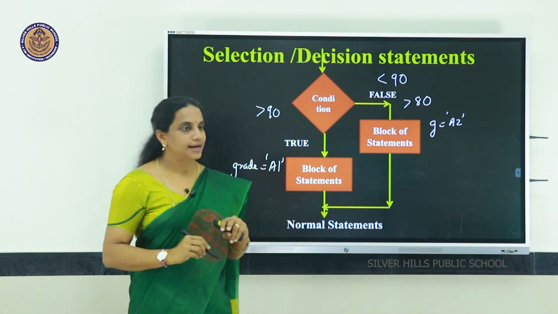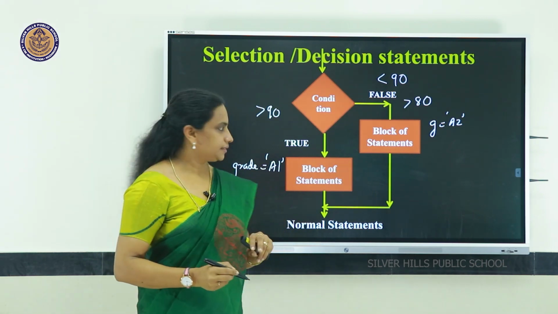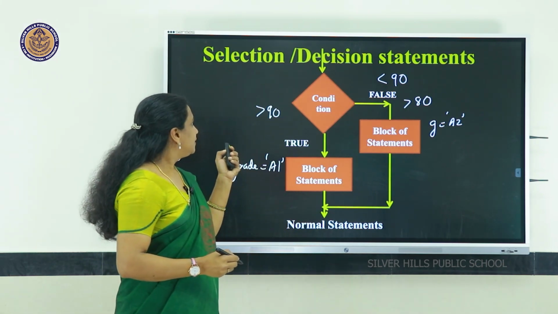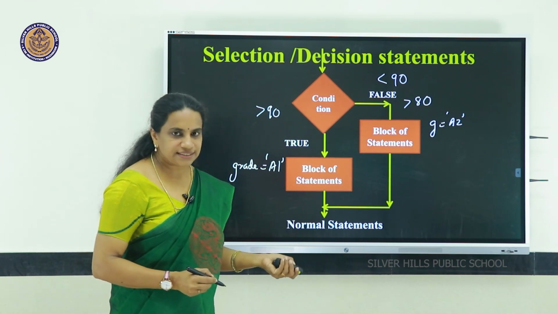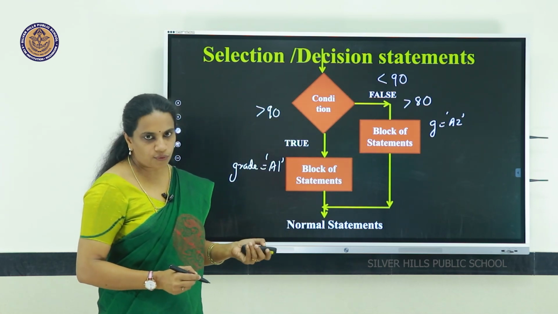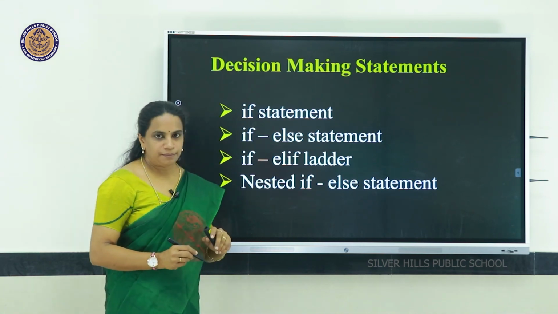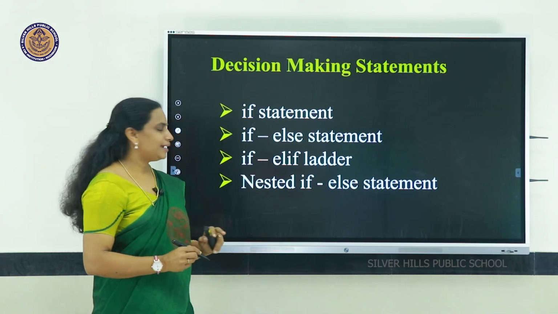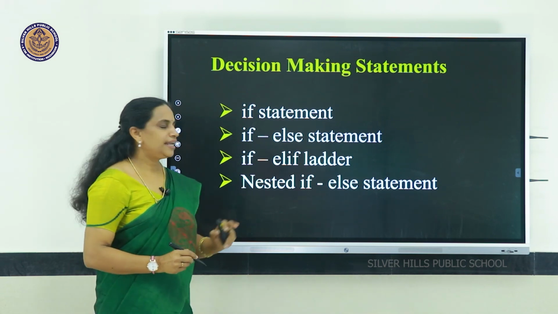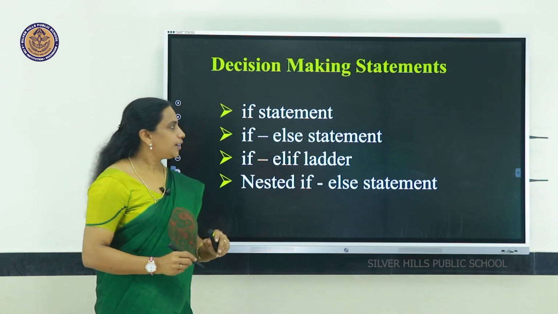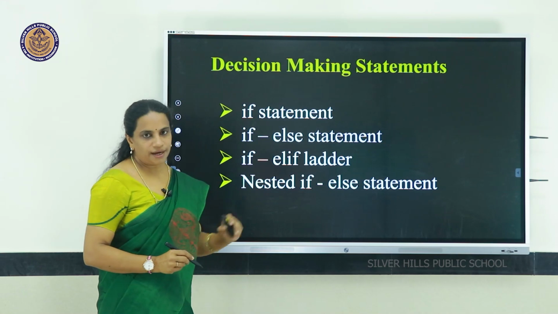This is known as decision statement. Now, these selection or decision statements are again classified into 4: simple if statement, if else statement, if elif ladder, nested if else statement. Now, let us learn this one by one.